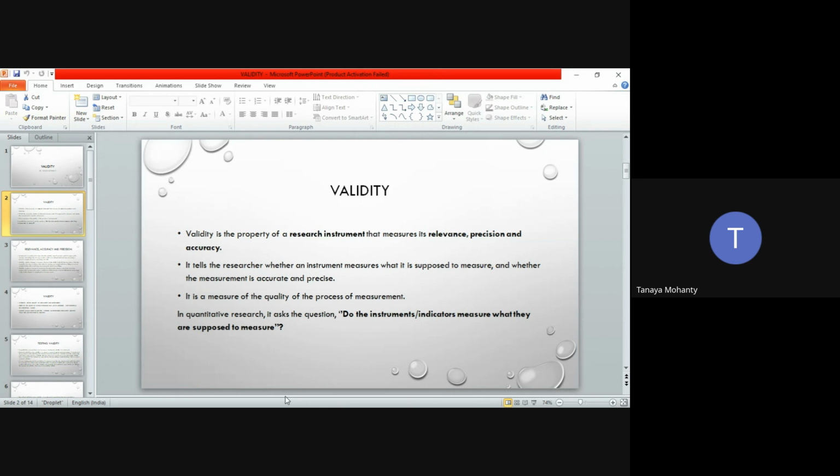Relevance means you are using a thermometer to measure temperature and not a barometer. You have to think in terms of using the appropriate tool for your particular research. For scientific studies, they have these standard tools.